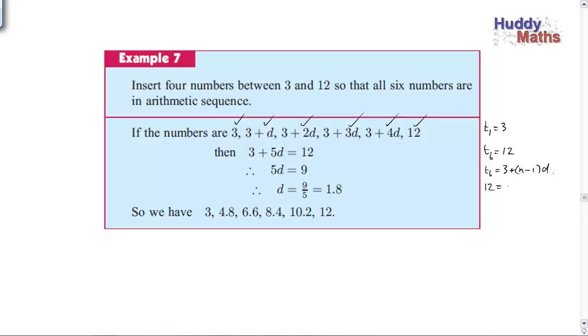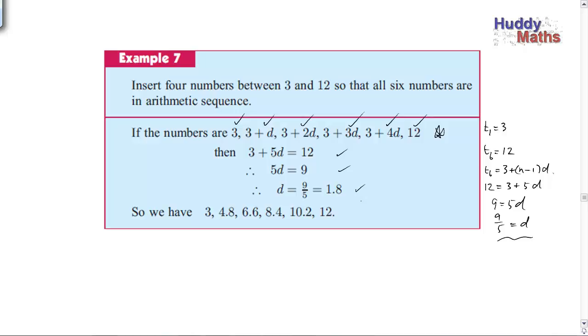Okay, and 3 plus, here the n minus 1 is 5, so 5d, so this is 9 equals 5d, 9 over 5 equals d, or 1.8. So you could do it the way we did it before, or just lay them all out like this. So either way. So 3 plus 5d is 12, and 5d is 9, and then d is 1.8.